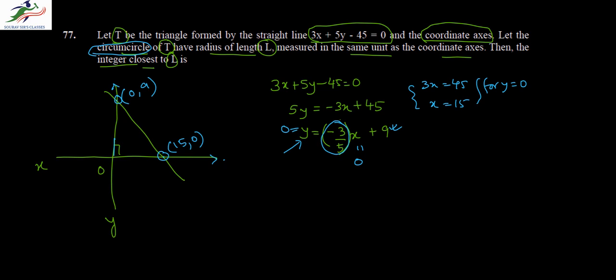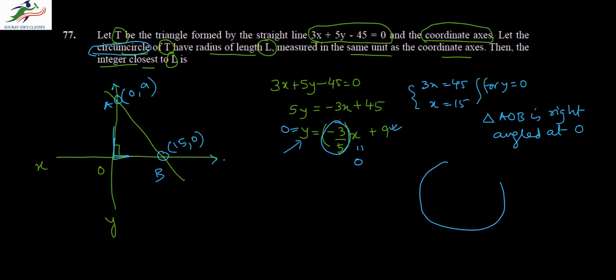Now notice that this is a right angle triangle which is right angled at point O. So if I name these 2 points A and B, AOB is a right angle triangle, right angled at the point O. So we know that for any circle, if I have a diameter like this and I draw any triangle on either side of the hemisphere or semicircle, then it will always be a right angle triangle.